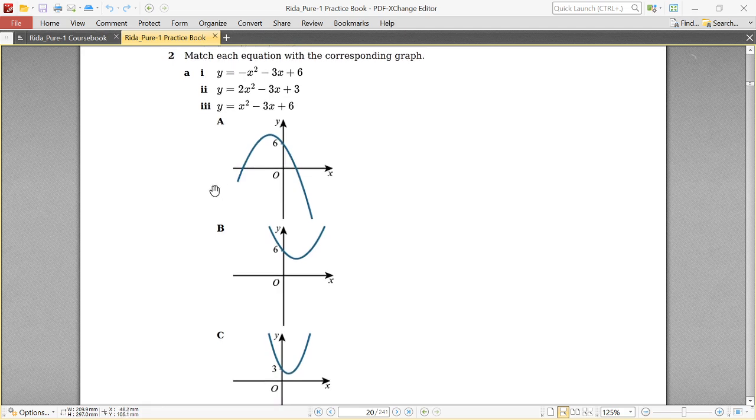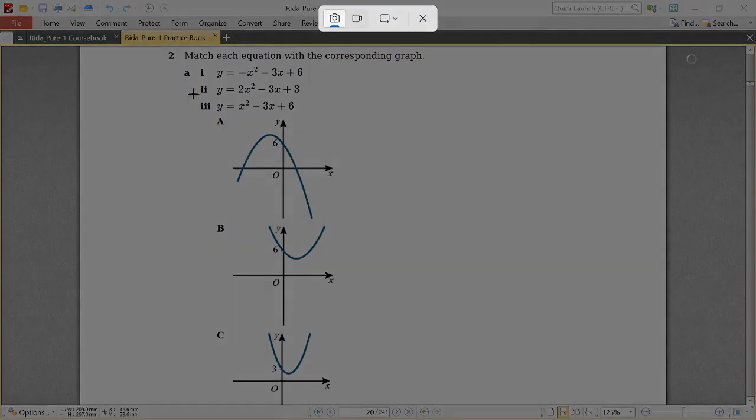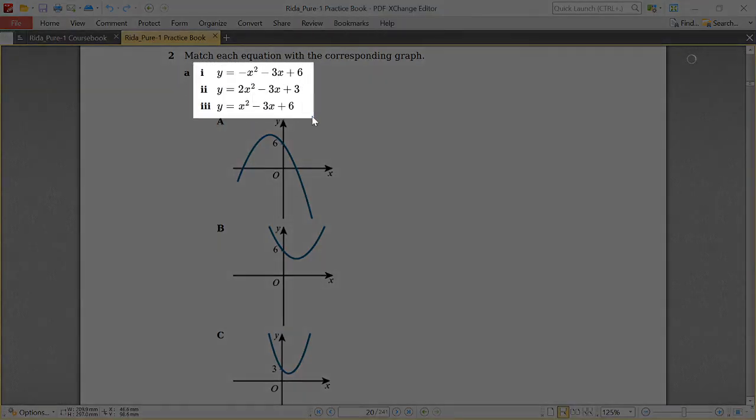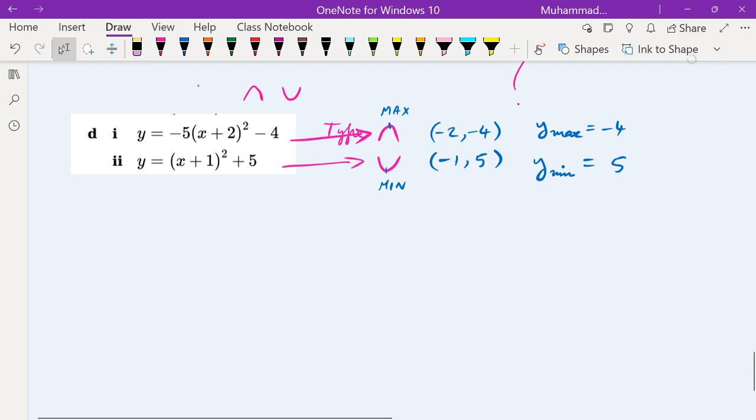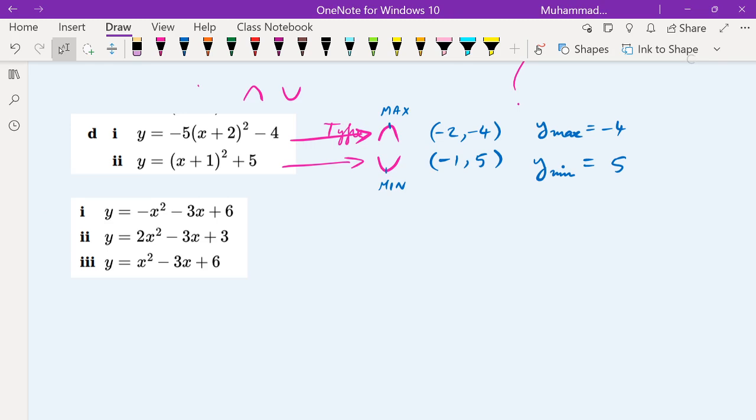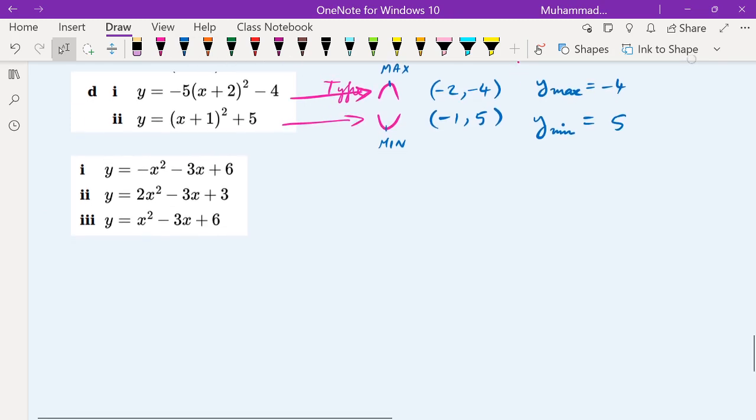So in these questions, if they ask me to find the turning points or the vertex, one approach can be that I go for the completed square. You already know how to turn it into a completed square. Okay, we tried this out.